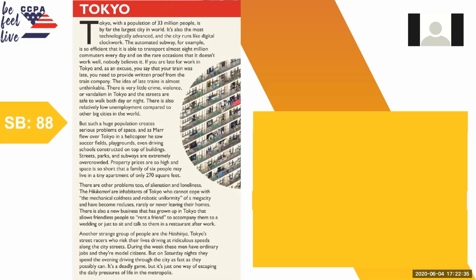There is also a new business that has grown up in Tokyo that allows friendless people to rent a friend to accompany them to a wedding or just to sit and talk to them in a restaurant after work.